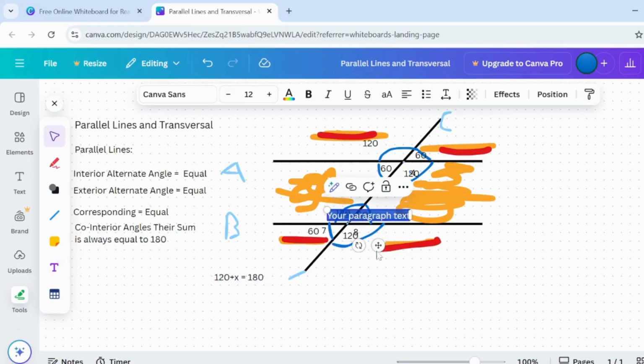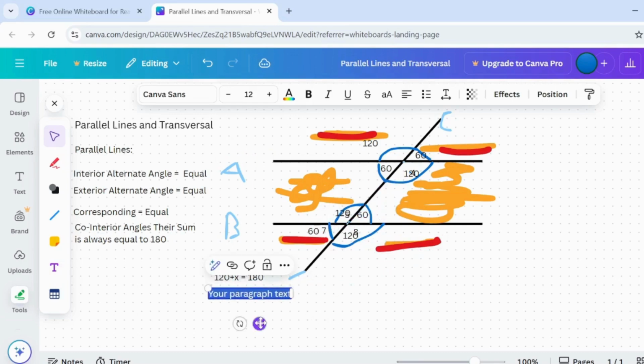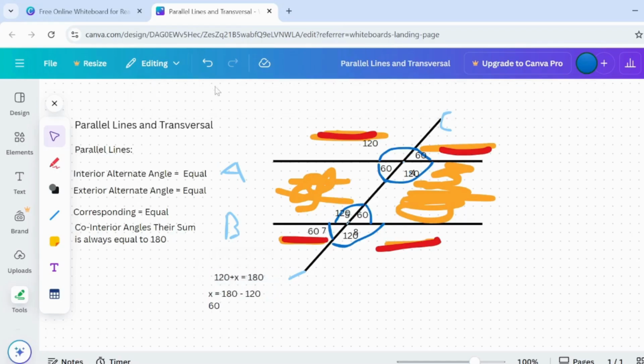So x is equal to 180 minus 120, because when we transposed it, we got this 120 on this side. If you know algebra, linear equations, x equals 180 minus 120, which is going to be 60 degrees. Like this, we can find the value of x.